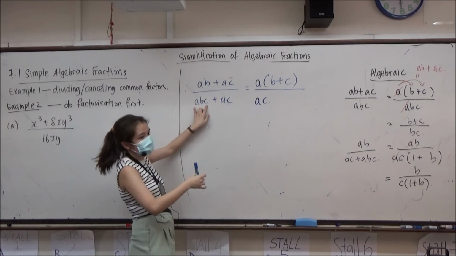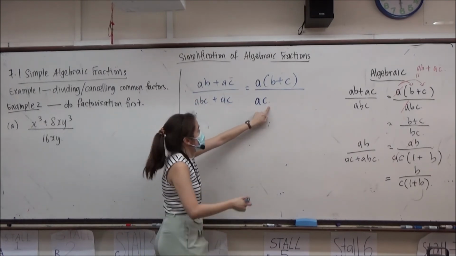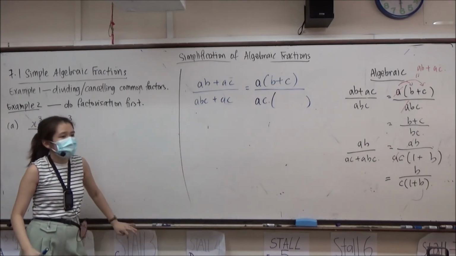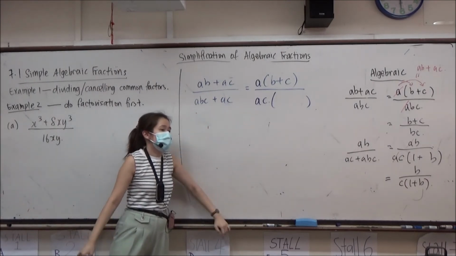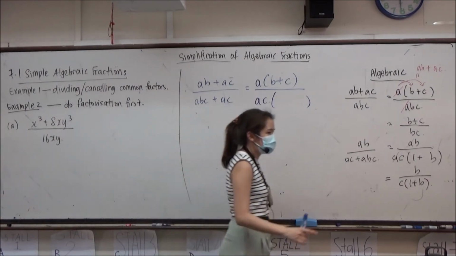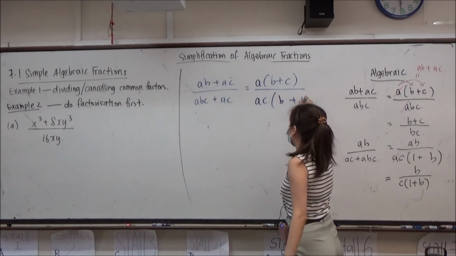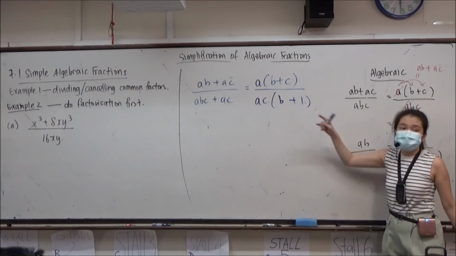So AC is in common between both of it, so we take out AC only. But can you tell me now what is going to be left inside the brackets? ABC, take out AC already. What's going to be left? B plus 1, yes. So AC, I've taken out AC, so I'll be left with 1 here.